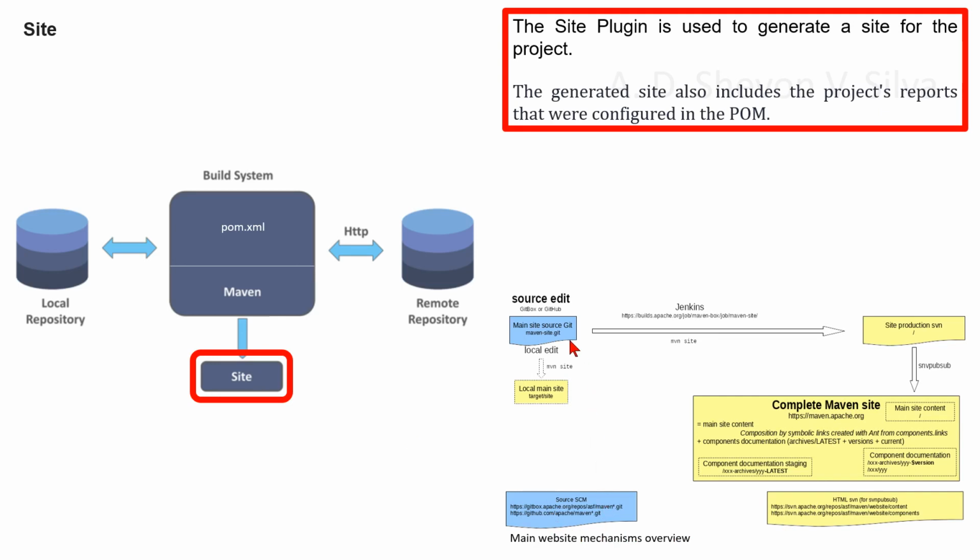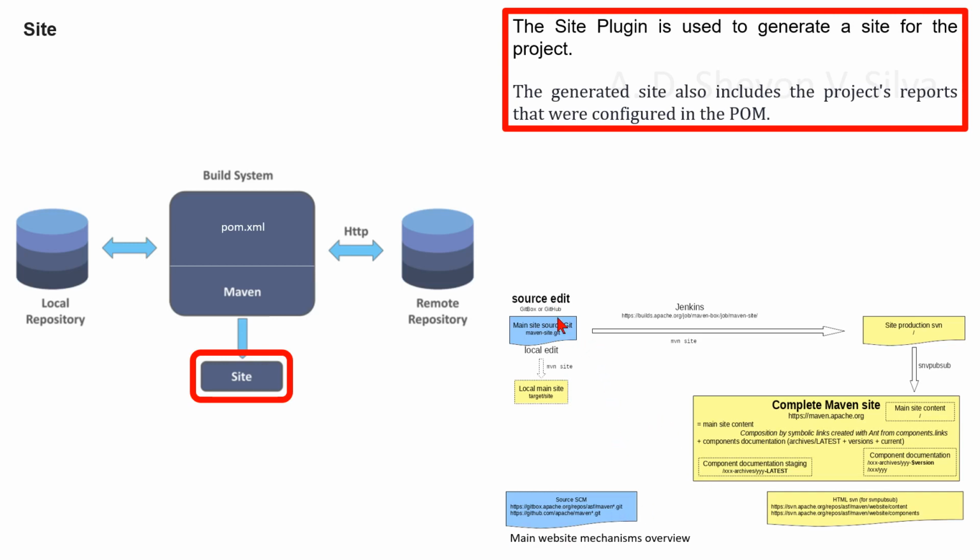Here you can see the source SCM, https://gitbox.apache.org/repos/asf/maven-site.git and https://github.com/apache/maven-site.